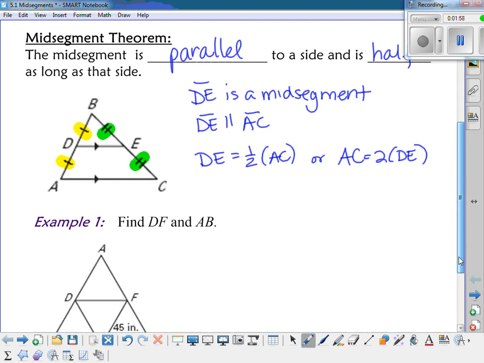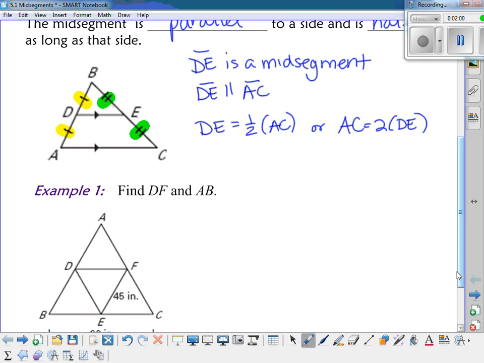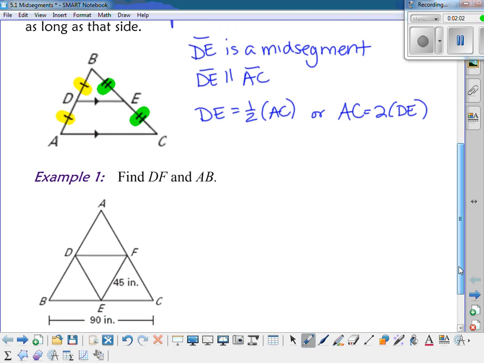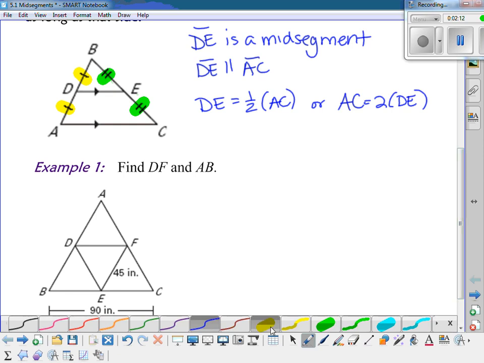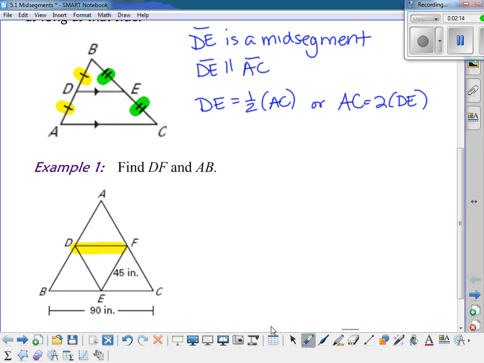So for example 1, I'm given this figure, and I'm to determine how long DF and AB are. So first of all, if I look at DF, with them being midsegments, that should have been given.